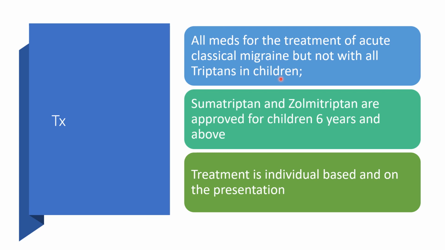So which ones can we use in children? We can use sumatriptan and zolmitriptan. Those are the ones welcome in children that are 6 years and older. Treatment is individualized, and it is based on the presentation.